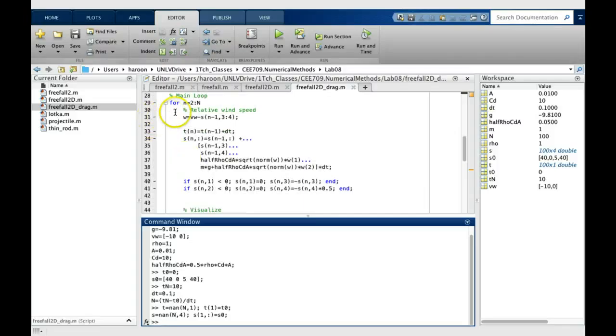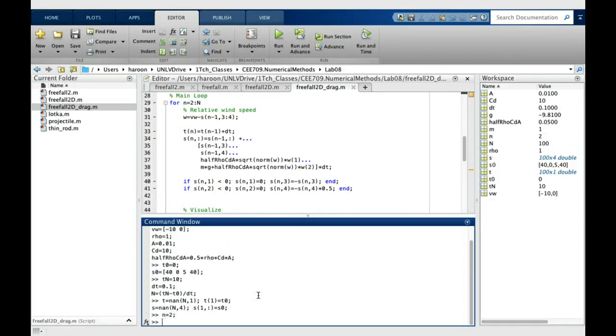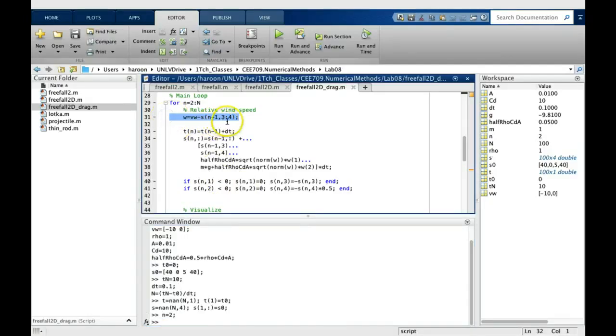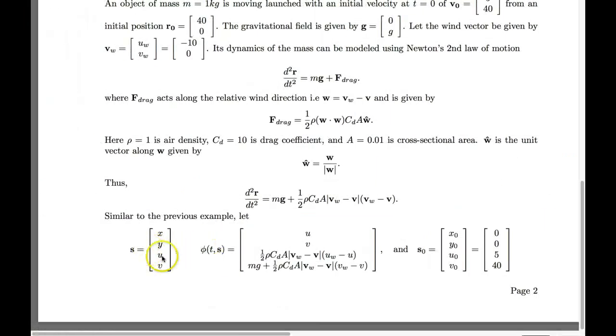So in the loop, let's say for n is equal to 2, I will take you through this loop step by step. First, we find the relative velocity. So we know that the velocity of the object is in third and fourth elements of the state vectors, u and v. And to find w, we have the uw minus u and vw minus v.